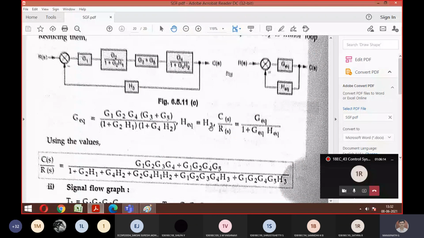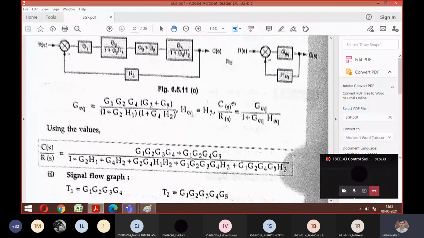Just verify once and tell me. It's the same. Is it the same answer? Good. Yes, sir.